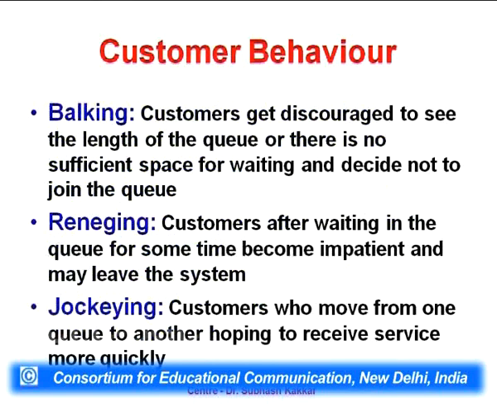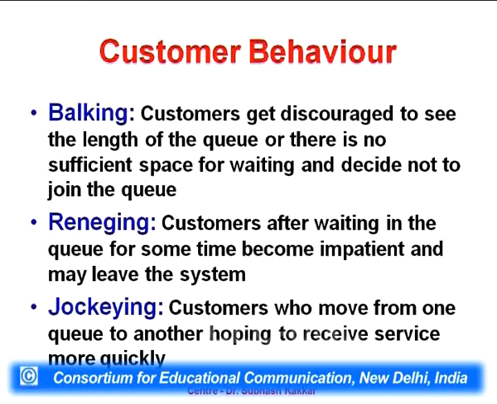Customer behavior. Now we have to see the customer behavior also. Balking. Customers get discouraged to see the length of the queue, or there is no sufficient space for waiting, and decide not to join the queue. The customer goes to the service station, finds that the queue is very long, gets discouraged, and does not like to wait in the queue.